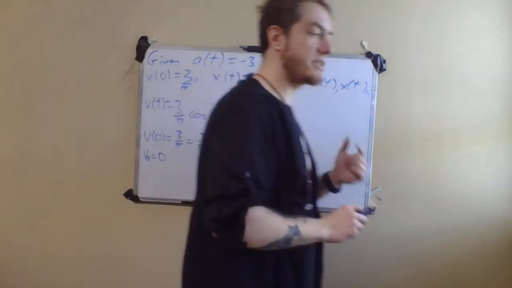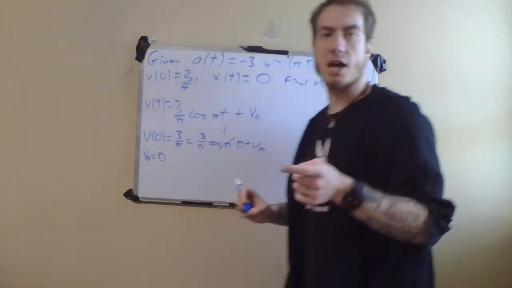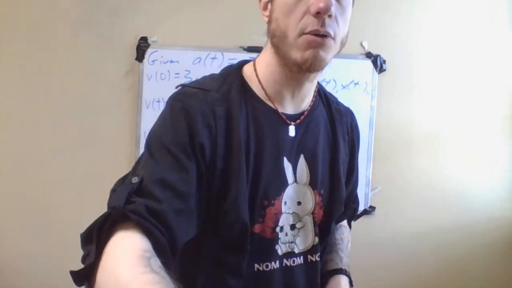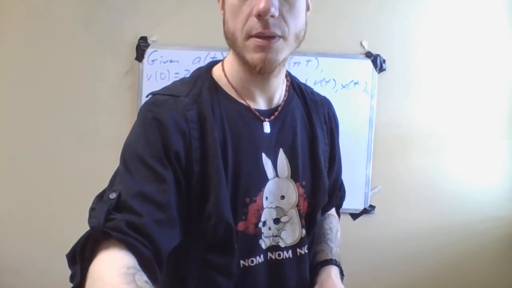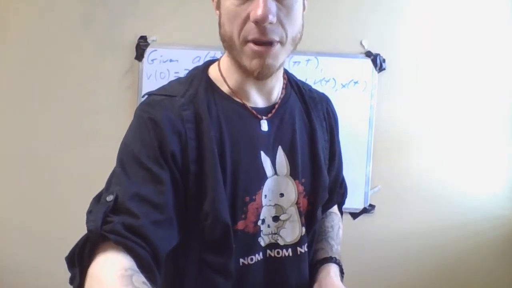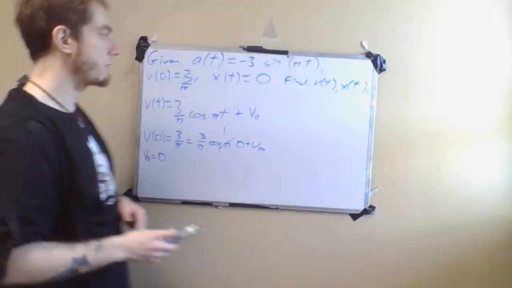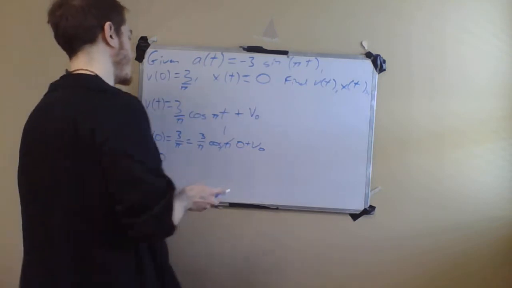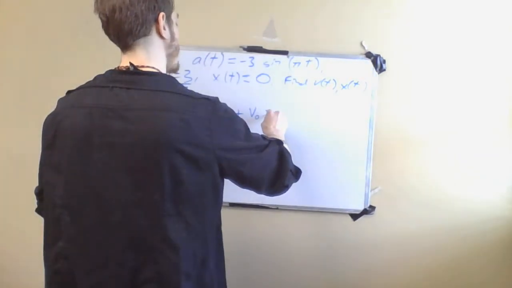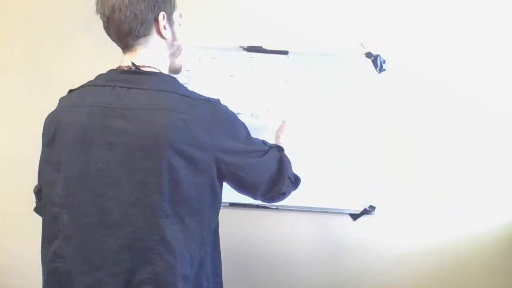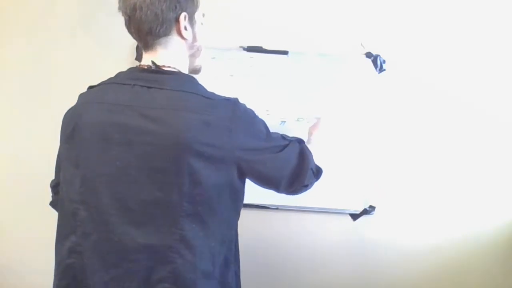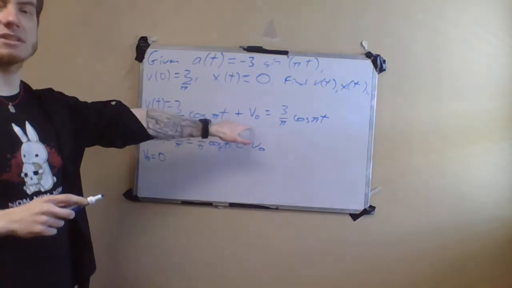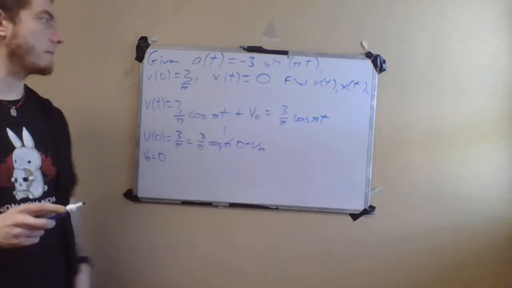So technically v0 in this case does not represent the velocity at t equals 0. Instead, it's just some constant. But we end up with this being equal to 0. So what we get is that v of t is going to be 3 over pi cosine pi t. And the constant in this case actually just comes out to be 0.